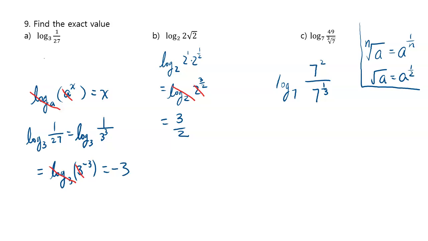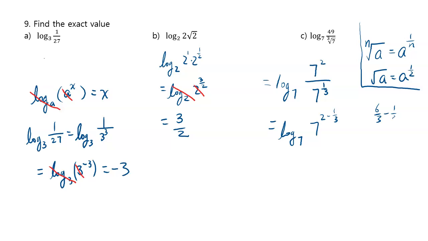So we have this. And then when you have division with the same base, these two numbers subtract. So you end up with log base 7 of 7 to the 2 minus 1/3. Well, let's see. 2 is 6 over 3, right?